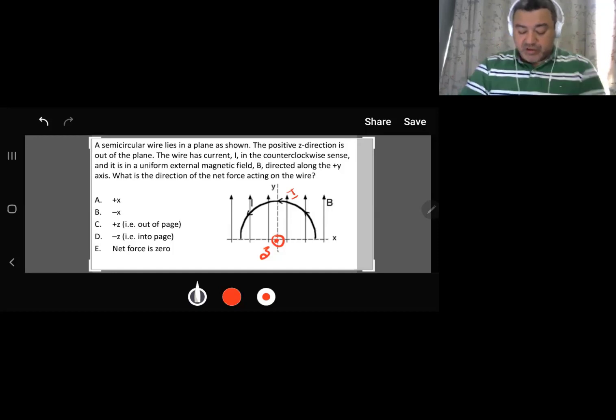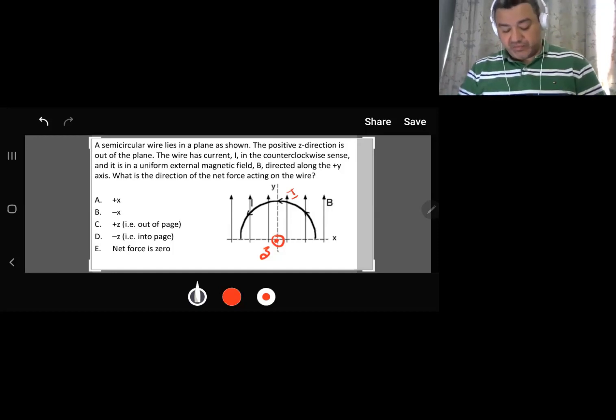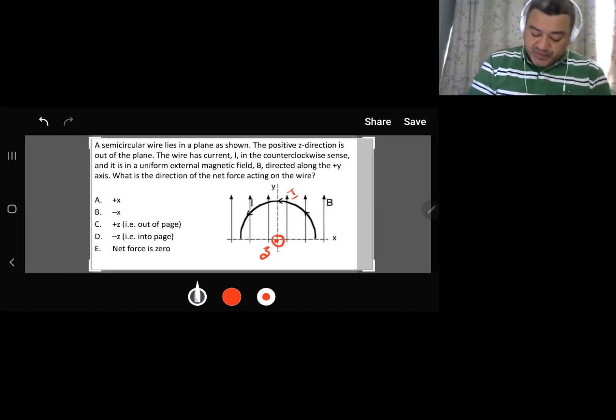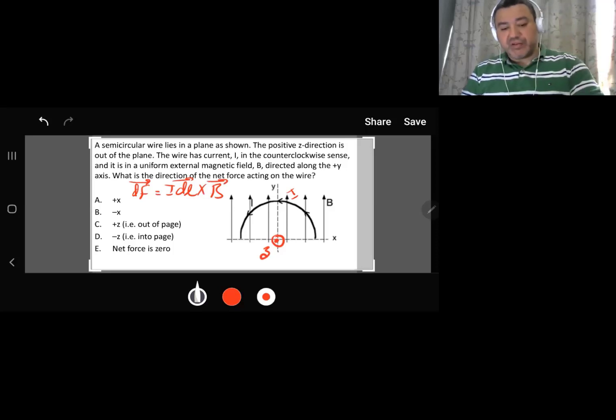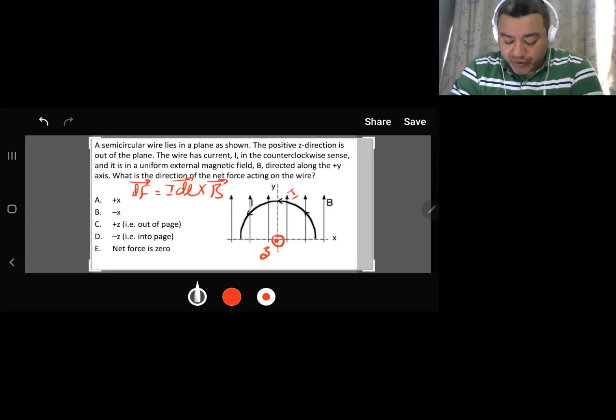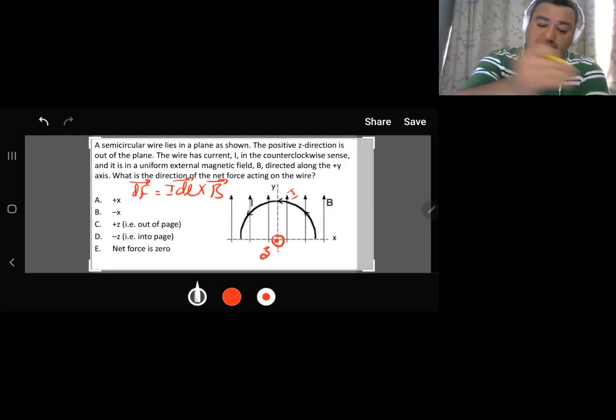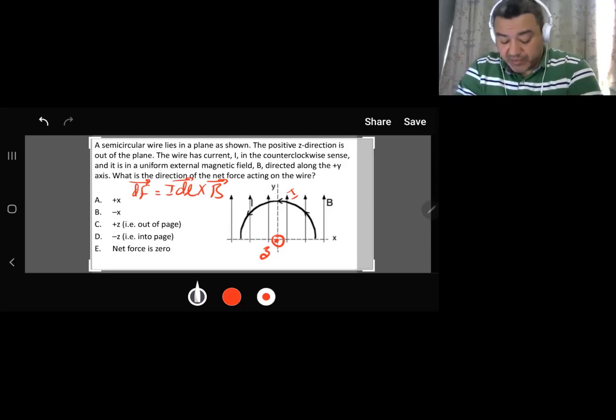Okay, so if we look at this problem, we notice that I have a uniform magnetic field. However, the direction for the current is changing, taking a semicircular shape. So what does this mean?